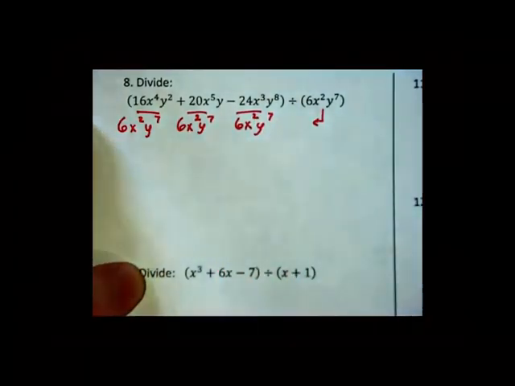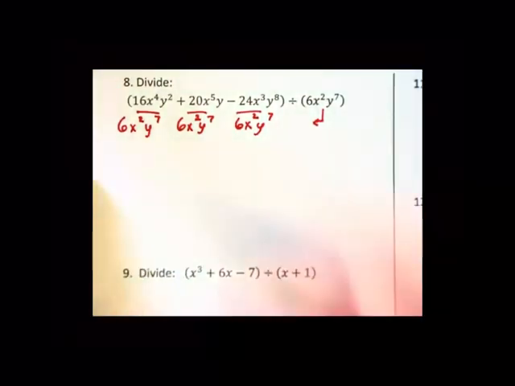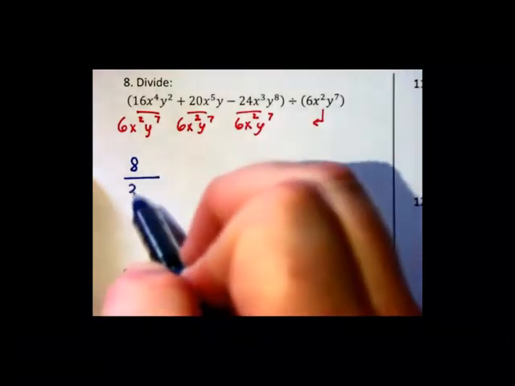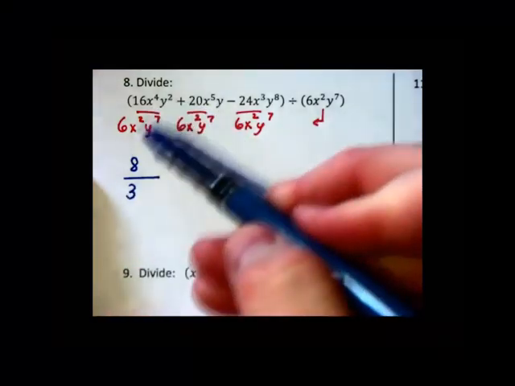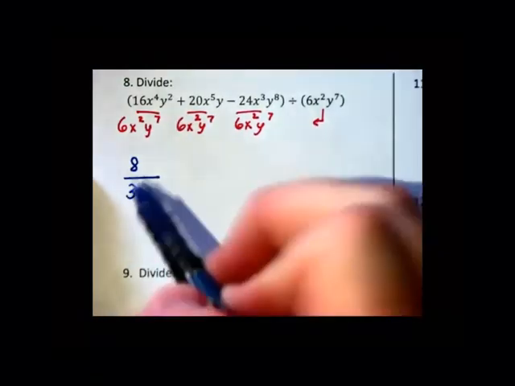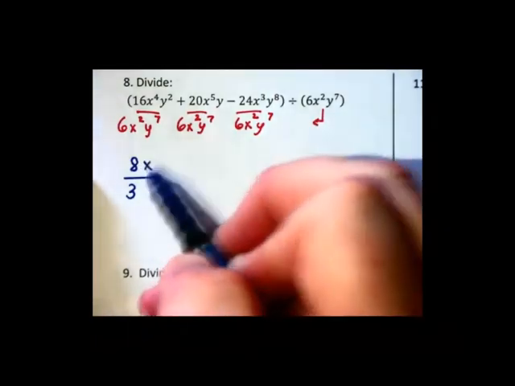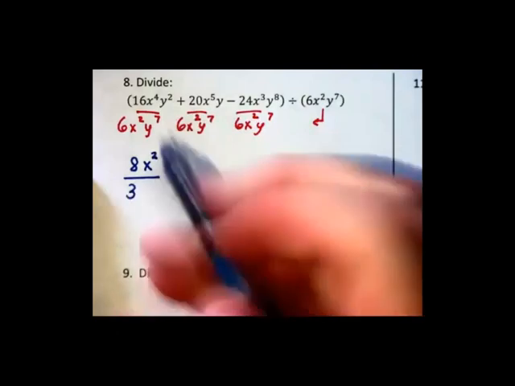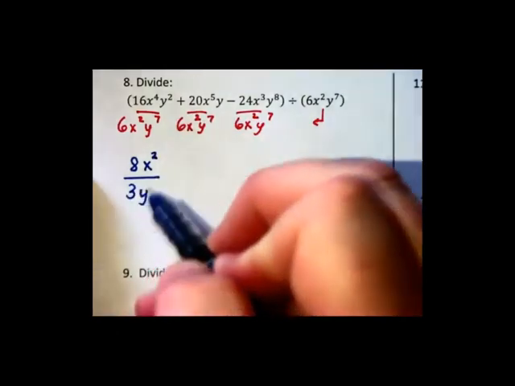So, in the first fraction, 6 over 16 is going to reduce to 8 over 3. With the x's, 4 over 2, that will reduce by subtraction to x squared up in the numerator. And with the y's, there's more down below, so subtracting, we're going to have y to the 7th.